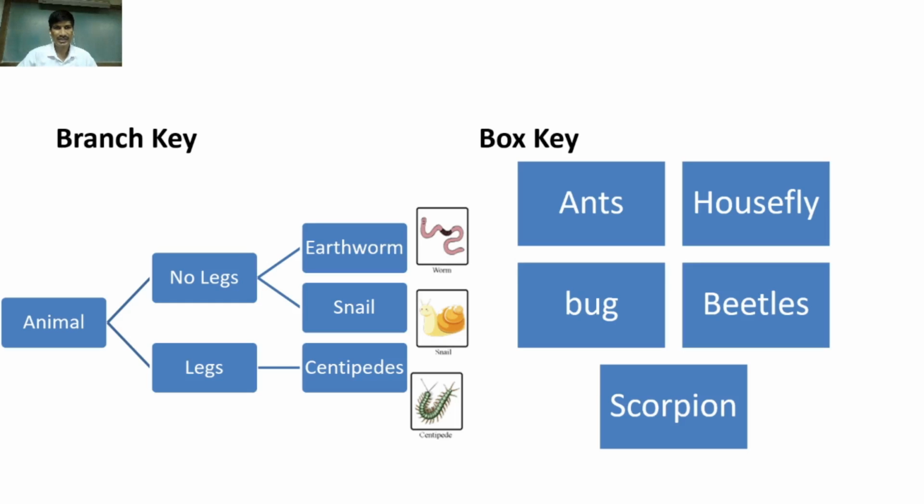Then the next type of key is the branching key. Here we observe a very simple example with animals. We take a group of animals, some with legs and some with no legs, and make a bifurcation on the character legs. Some animals are without legs, like the earthworm, which is cylindrical in shape.